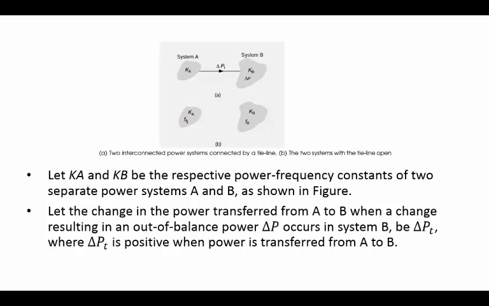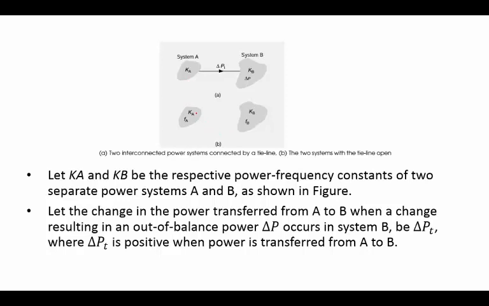This is an example: two interconnected power systems connected by a tie line. And B is the system with the tie line open. When a sudden change happens, the tie line is open.